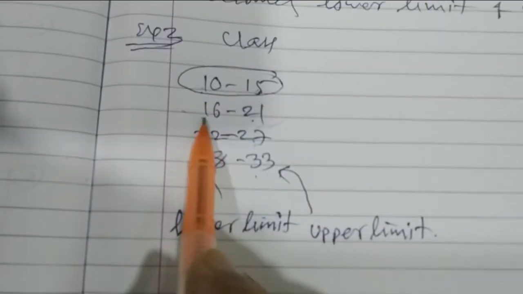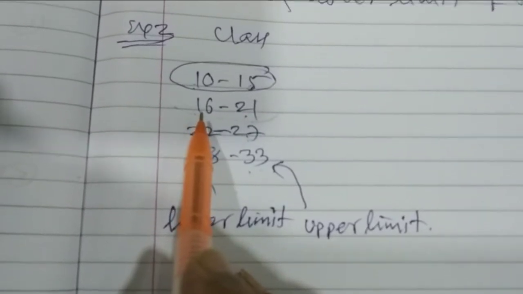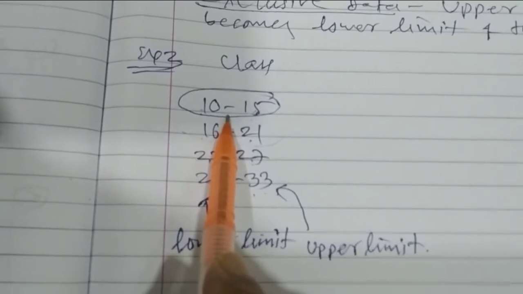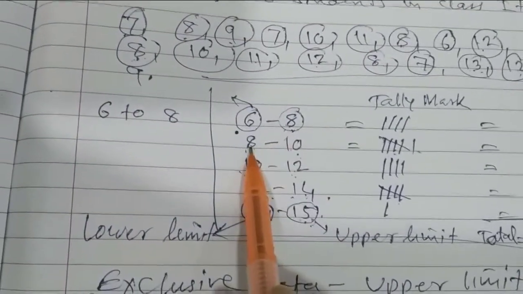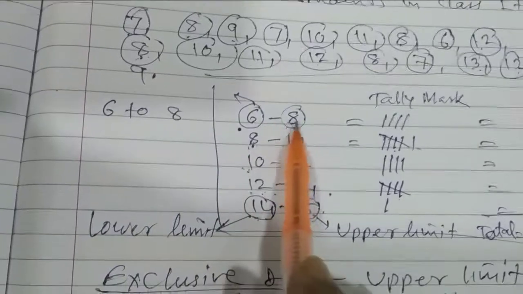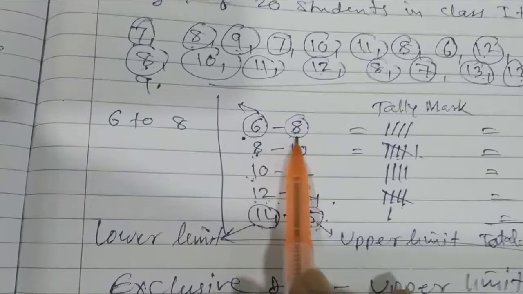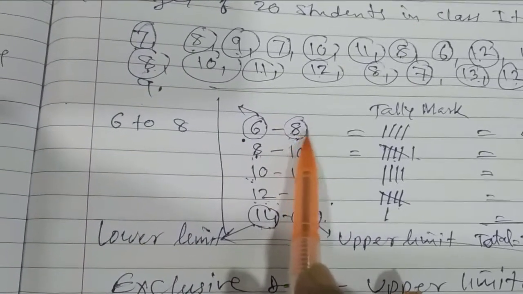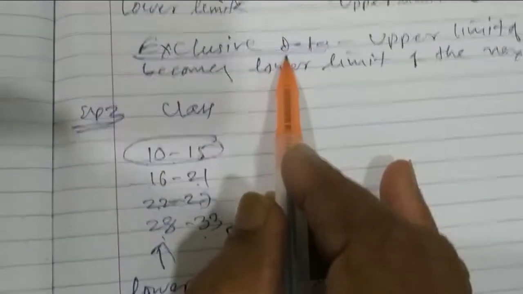Here 15 is not becoming the lower limit of the second class. What does it mean? Then 15 is included in the first class. You see, in the earlier one we saw the upper limit 8 became the lower limit of the next class. Therefore, we did not consider 8 in the first class. Right? So 8 is included in the next class. So here 8 is excluded, so it is called exclusive data.